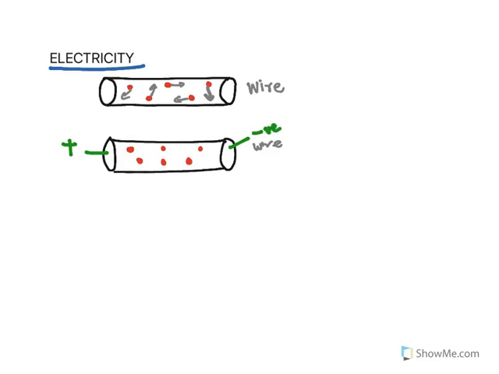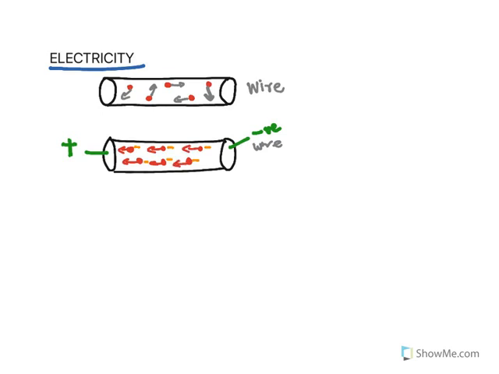We know the electrons carry a charge, and the charge on the electrons is always negative. Since this end is positive, you would expect all the electrons to rush towards the positive end.